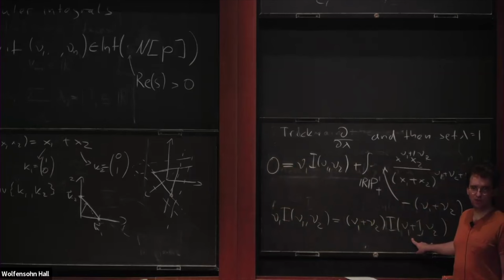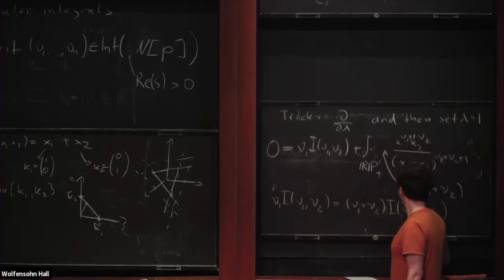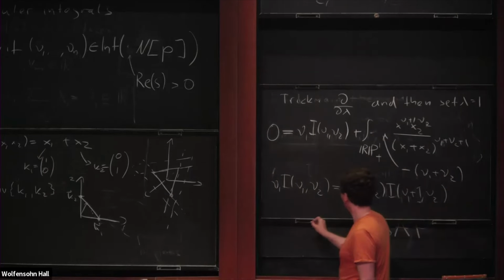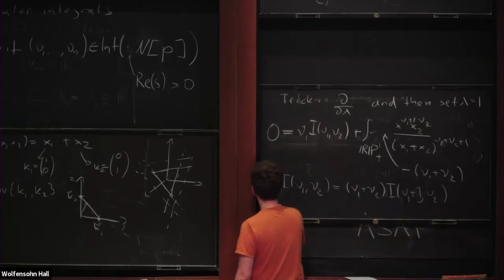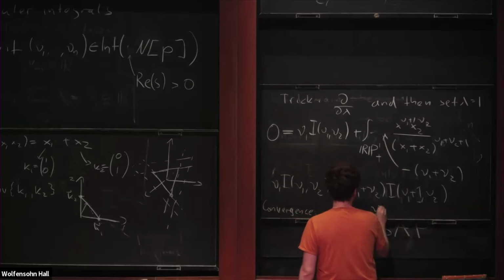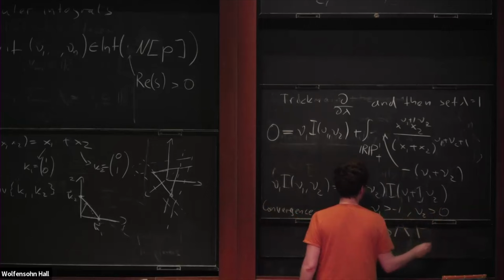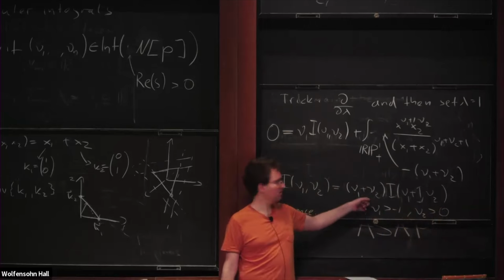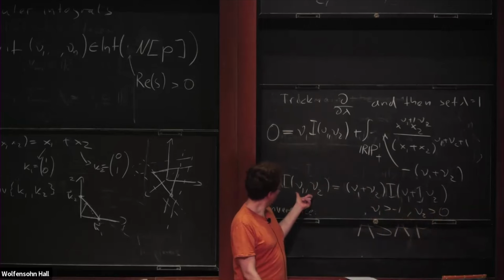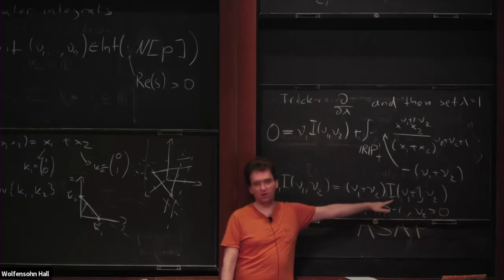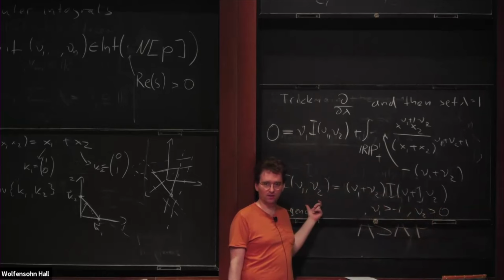So here we have convergence for nu1 larger than -1 and nu2 larger than 0. So we increased the domain, because we can just take this now as a definition of this side, we successfully performed the analytic continuation.